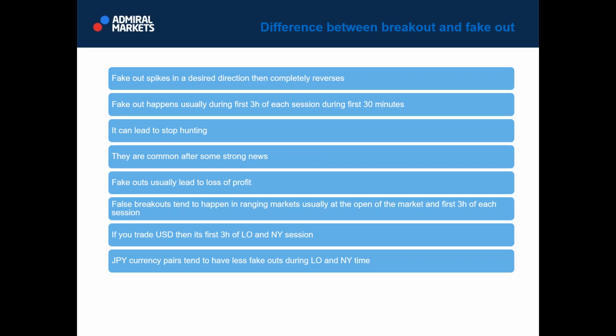A fake out happens usually during the first 3 hours of each session, during the first 30 minutes. Well, a breakout can happen anytime. It doesn't matter. I always say the first 3 hours of each session are usually best for trading. But the thing is, fake outs usually will happen during the first 3 hours of each session.